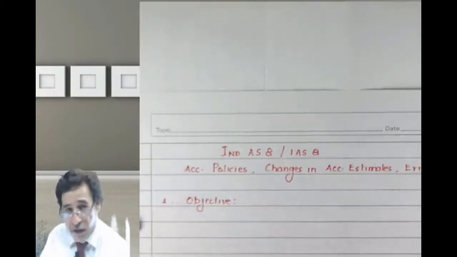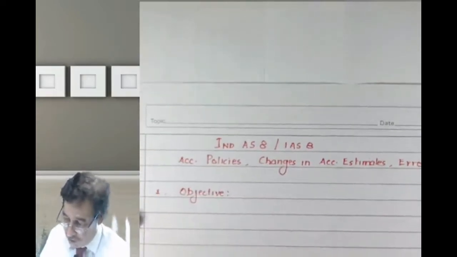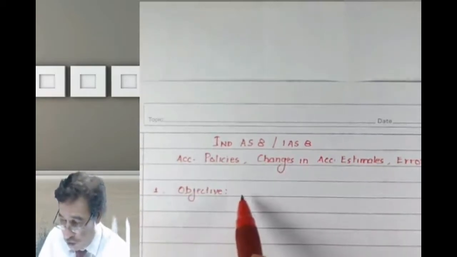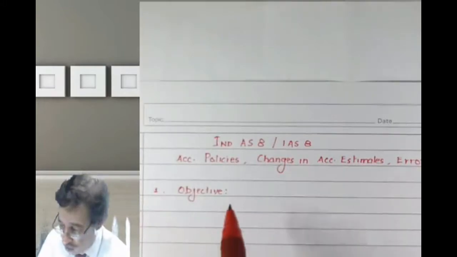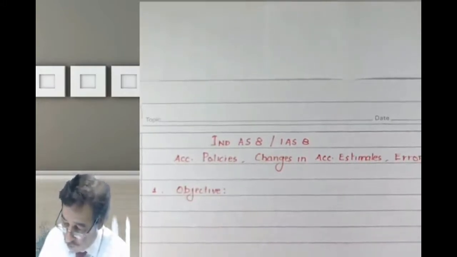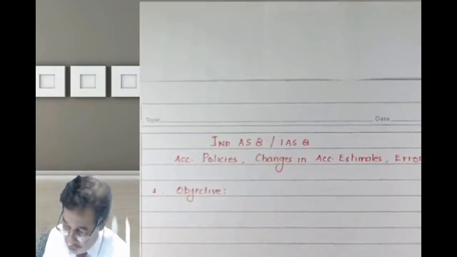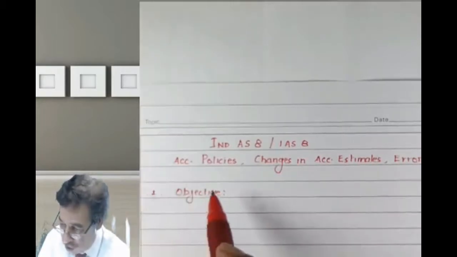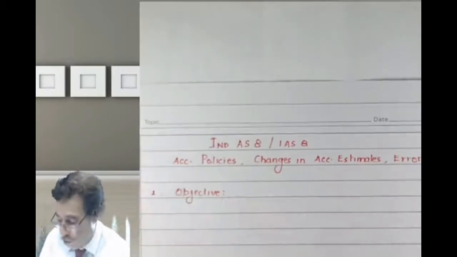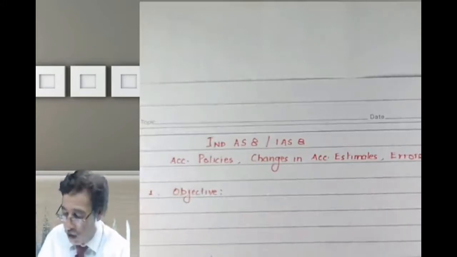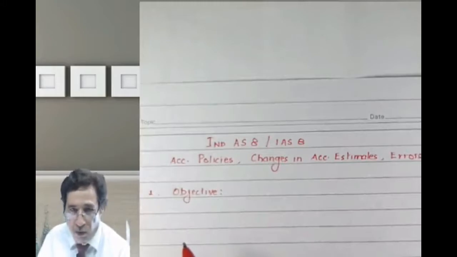As I have already told you, it prescribes the criteria for selection of accounting policies, and it will give the accounting treatment with respect to changes in accounting policies. Besides that, we will also see the accounting treatment and disclosures whenever there are changes in accounting estimates. And we have already talked about prior period items under accounting standard AS5, and in this standard we will talk about that also.